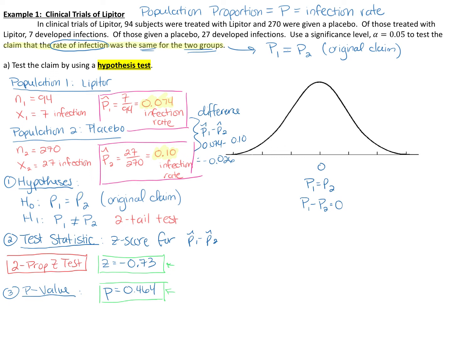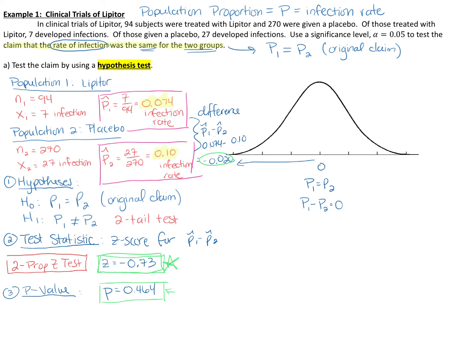Now, if the infection rate for the Lipitor group is smaller than the infection rate for the placebo group, then it's going to fall on the left tail of this distribution, because that's where p1 is less than p2. Their difference is going to be a negative number. Our sample data shows that the difference is negative, so we expected this test statistic to be a negative z-score, and it's going to lie on the left tail of this distribution.